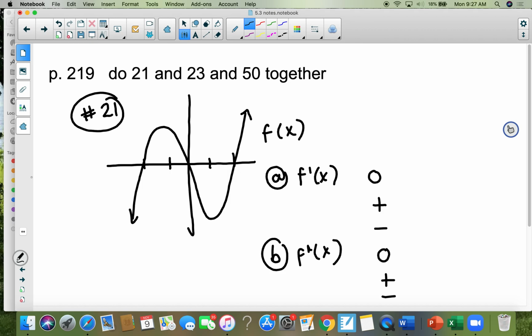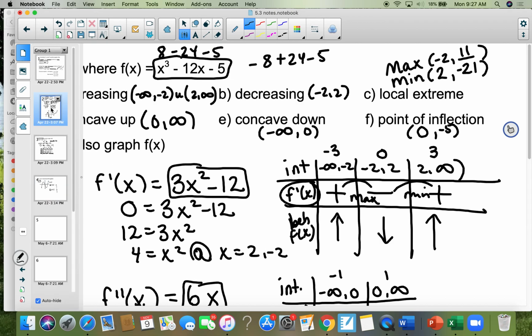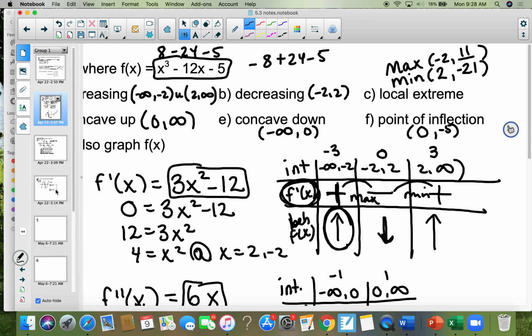Okay, so if you think about your sign charts back here, I like referring back to the sign chart. On the original graph, if it's increasing, the derivative is positive. If it's decreasing, the derivative is negative. If it's increasing, the derivative is positive. So keep that in mind.